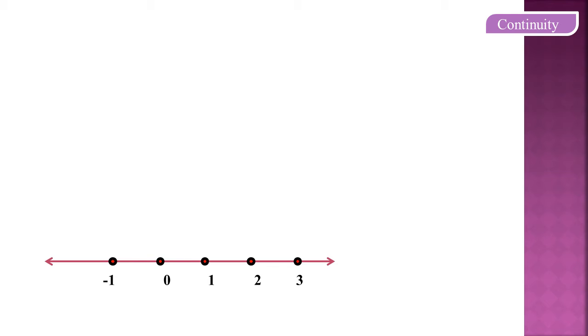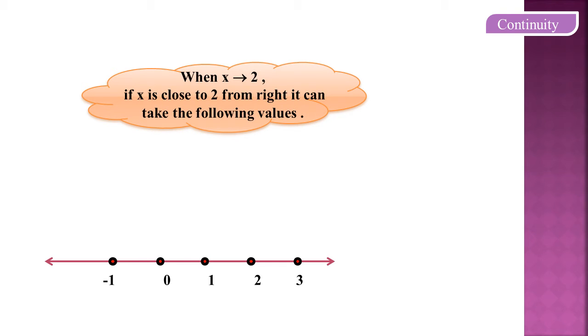When I say right hand, x is taking values close to 2 from the right side of 2, or greater than 2. Say x takes the value 3, but 3 is not much close to 2 because we have 2.5.